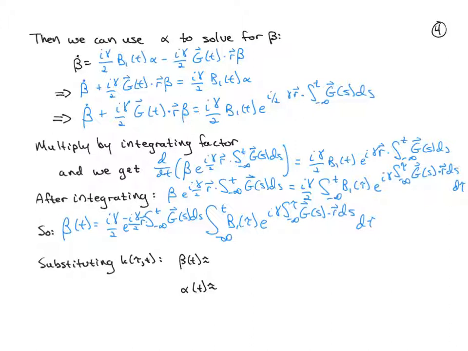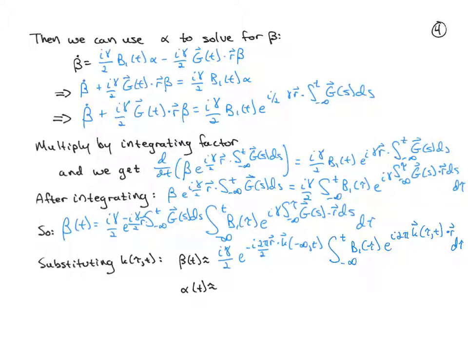Okay, and with a little more manipulation, you can show that you can substitute in the excitation k-space definition here and obtain beta of t is approximately i times gamma over 2 e to the minus i 2 pi over 2, r vec dot k vec of minus infinity to t, times the integral from minus infinity to t of b1 of tau times e to the i 2 pi times k vec, where the integral inside k vec runs from tau to t, dot multiplied with r vec d tau.